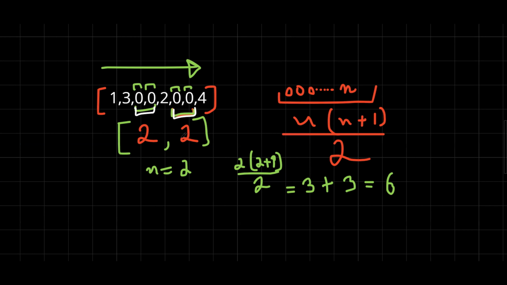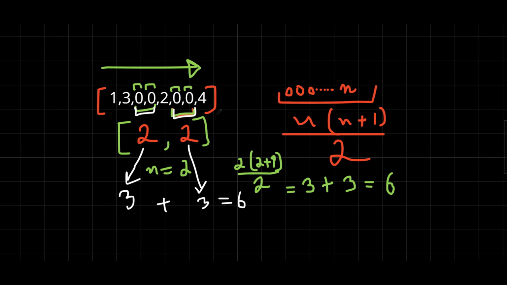Now we perform the n times n plus 1 divided by 2 formula on each of the vector elements. Finally, we add all the answers. So 2 times 2 plus 1 divided by 2 will be 3, and 2 times 2 plus 1 divided by 2 will be 3. So the summation will be 6, and we give 6 as output. I hope you understood the algorithm.